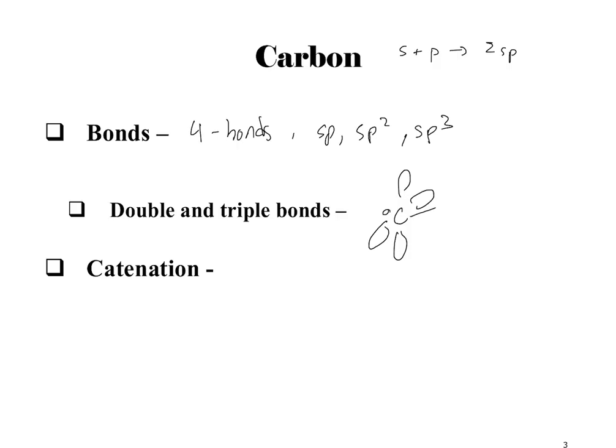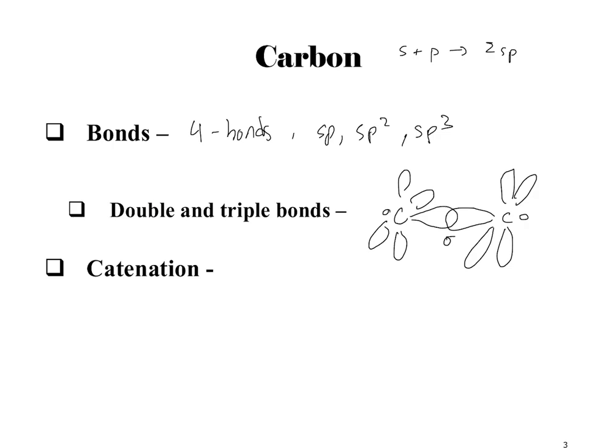Our sp orbitals are involved in the single bond, or what we call the sigma bonds between carbon atoms. And the unhybridized p orbitals, when we fill electrons in those, can form what we call pi bonds, which are double and triple bonds, right?